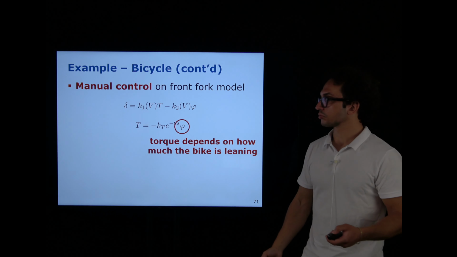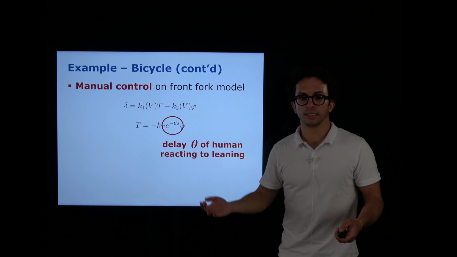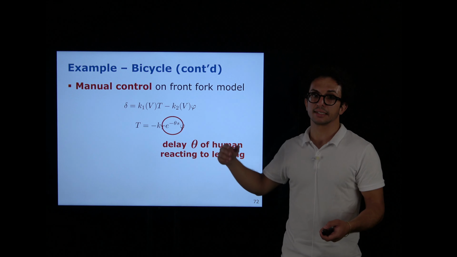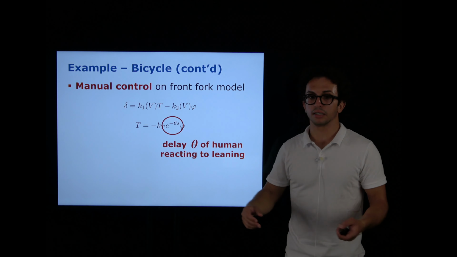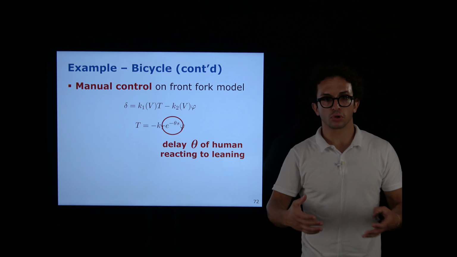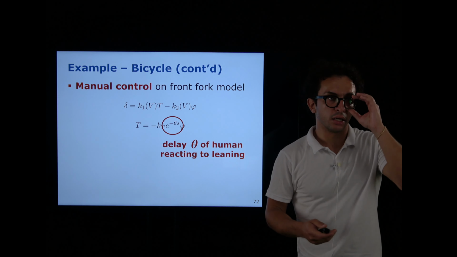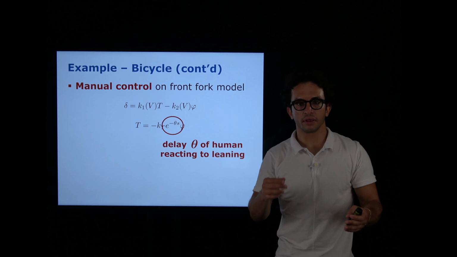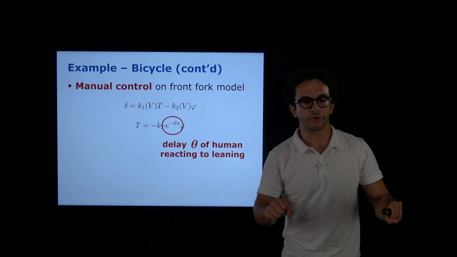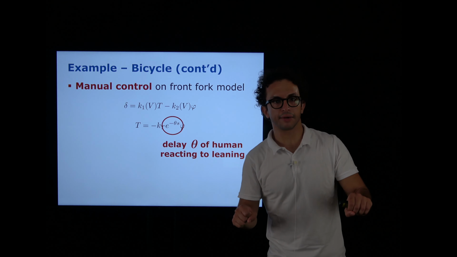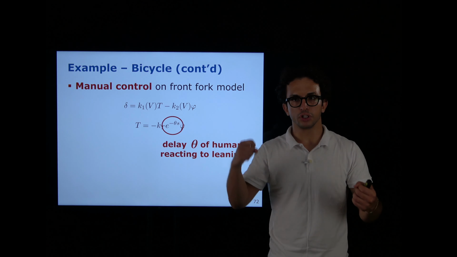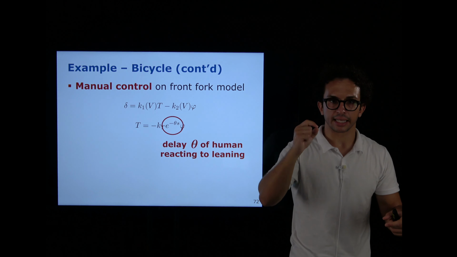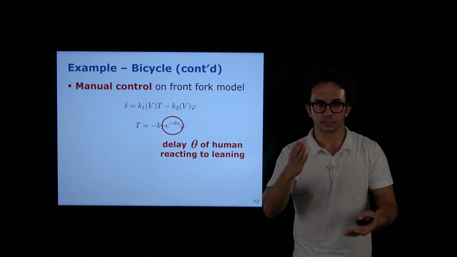But there's also a delay. This is a delay term, in the Laplace domain, as you can see, because s is still Laplace, and theta here is a neuromuscular delay. It's a delay that humans have when thinking, okay, I'm falling down or I'm leaning a lot, I have to steer, and then you steer. This process, which is maybe automated in your brain, still takes a tiny bit of time and it's not immediate.